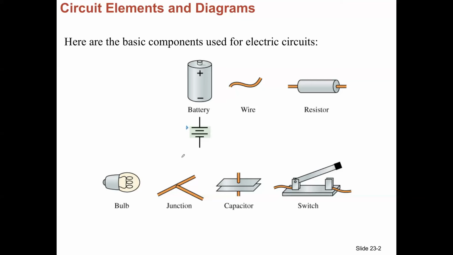So that's kind of where this symbol comes from. The longer horizontal line here represents the positive side of the battery. Now that's something that's really hard to remember and it's hard to kind of see. So often in a lot of diagrams, you'll also see markings like this, marking what the positive and negative side of the battery is.